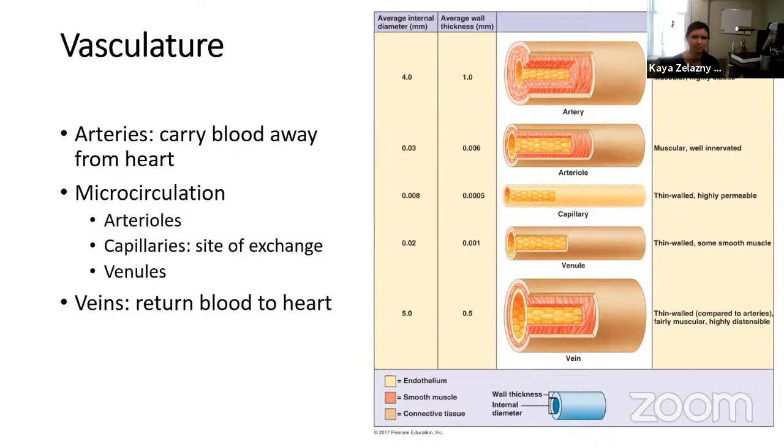Our arterioles are smaller. We can see that their average diameter is a lot smaller, but they're still very muscular, even though they are small. And we're noting here that they're well innervated, so lots of nerves going to the arterioles.